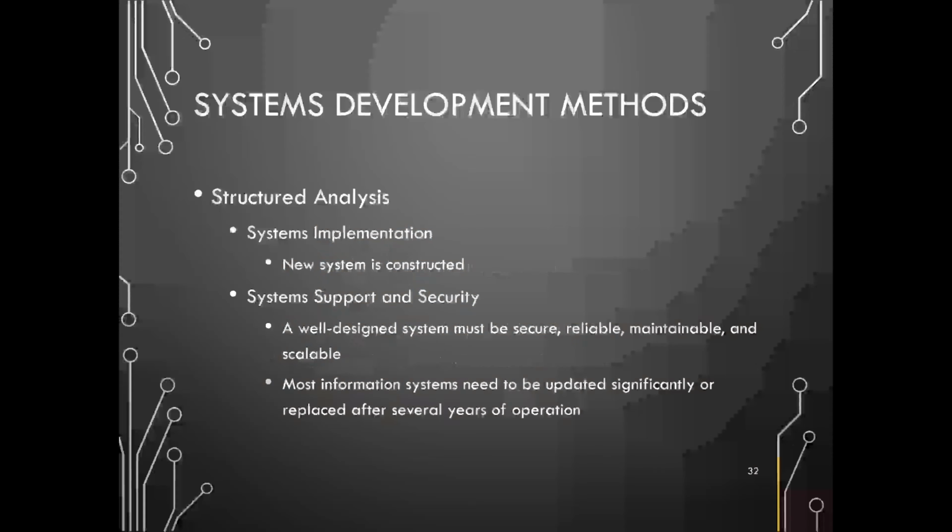The next one is system implementation. In this phase the new system is constructed. You code the program according to the design. When you work in a team, programmers normally do not program using their own intuition. You have to use the design spec from the previous phase.